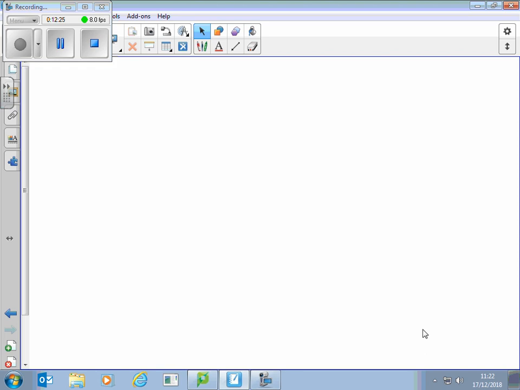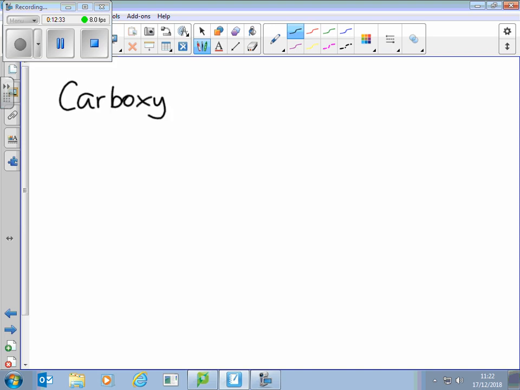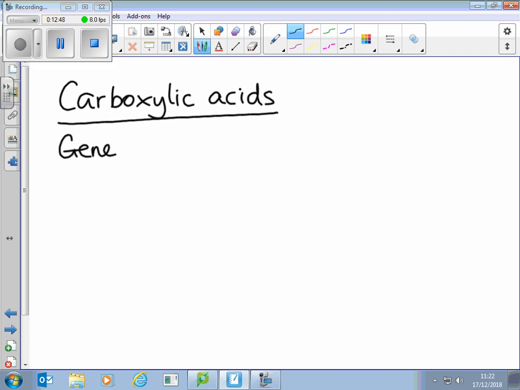Right, okay, carboxylic acids. Let's see how this goes. And these obviously are going to need a general formula, much like everything else.